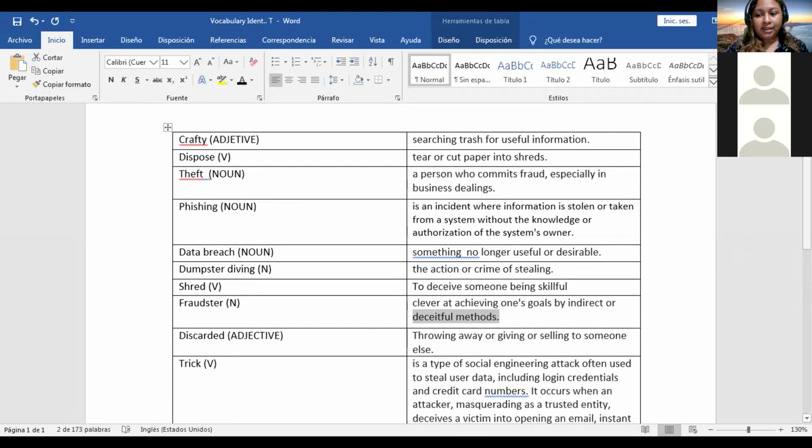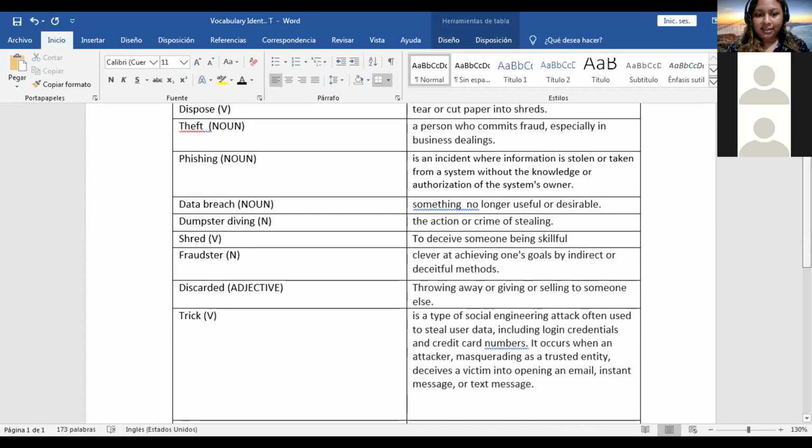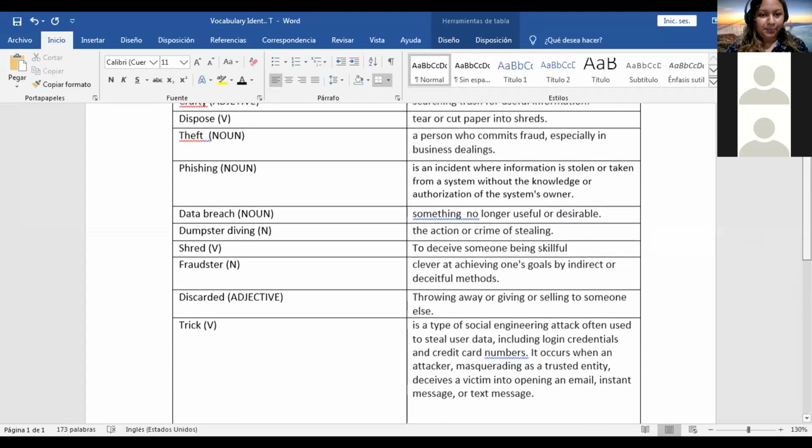So, the next activity is to write 5 examples with any of the words over here. Let's do one together. Select one and let's write down one example.